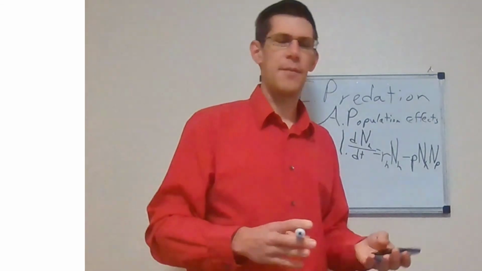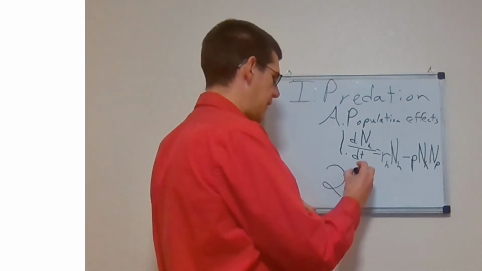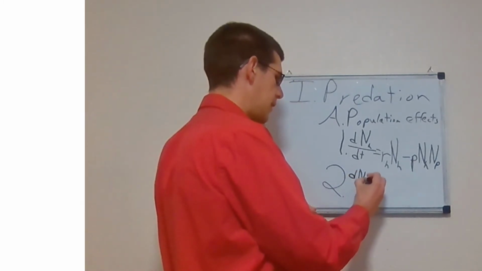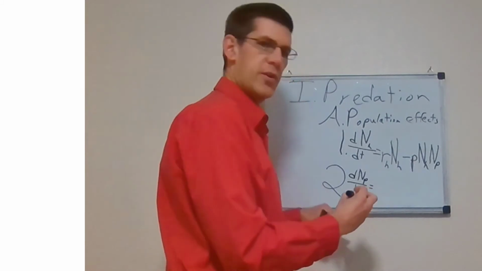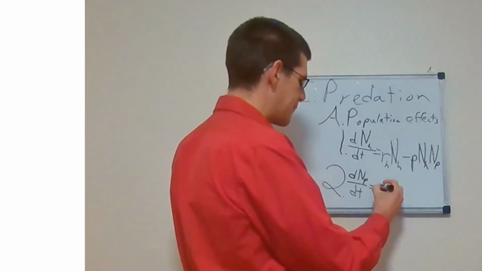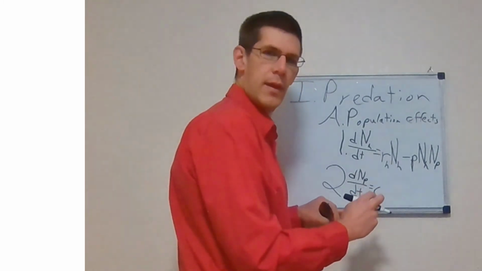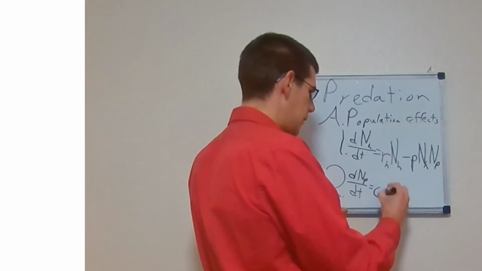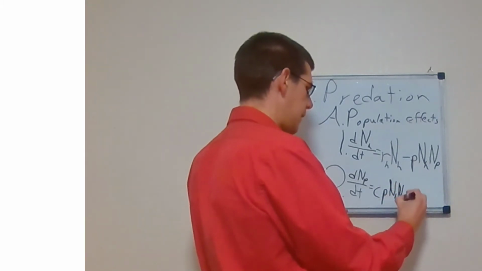Now, I want to contrast that immediately with the predator population, and that is dNP over dt. And that is going to be equal to the conversion rate of prey into predators, and you have the CP, NH, NP.